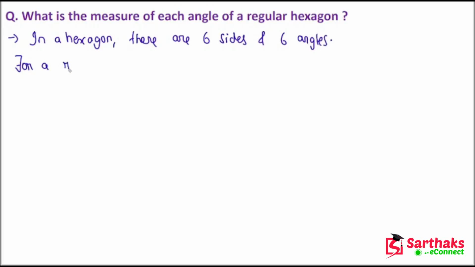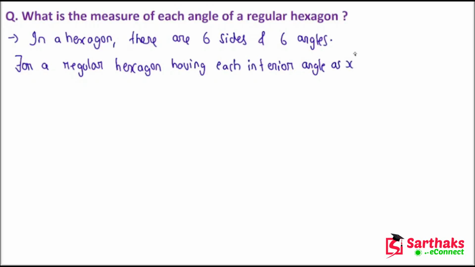For a regular hexagon having each interior angle as x degree, the sum of angles is equal to what?